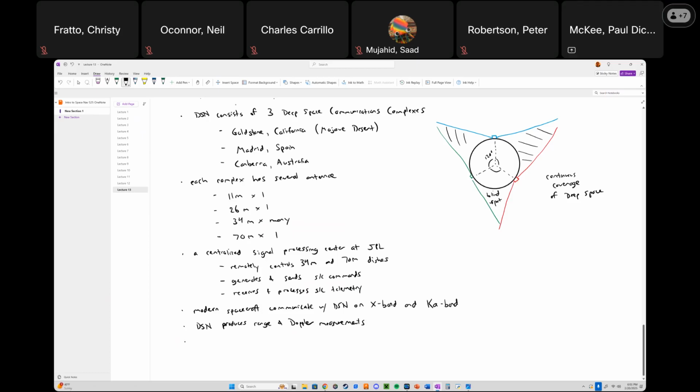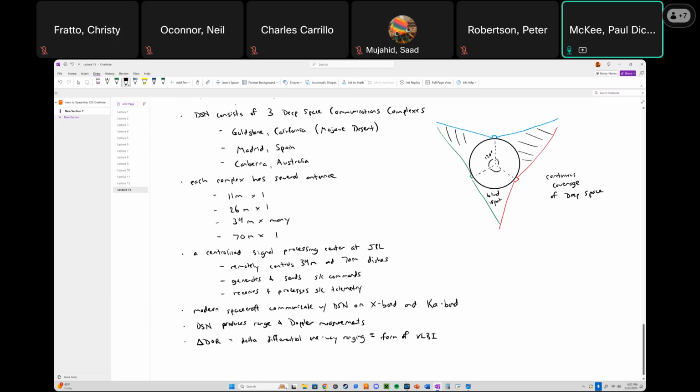But there's also something called delta DOR, which is delta differential one-way ranging, which is a form of VLBI. Remember, very large baseline interferometry.